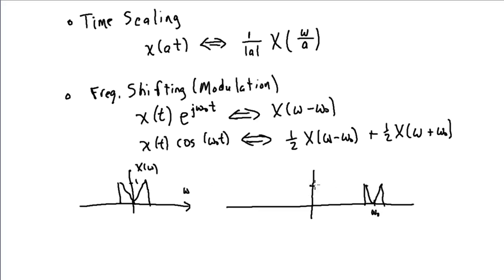It will have half the height because of this factor 1/2. And then I'll also have the function shifted to the left to minus omega 0. I still have the required complex conjugate symmetry, actually, that's necessary for this product to still be a real function.